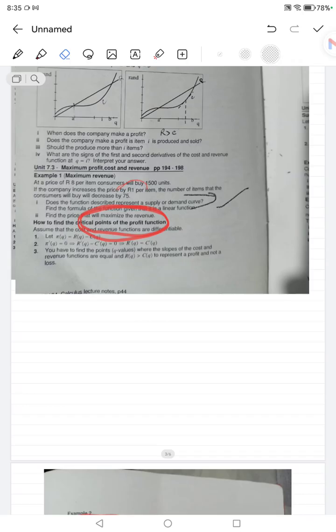So now we found the function, our q is equal to 2.1 minus 75p. So you already know that now you need to consider your revenue, same steps we have been taking.